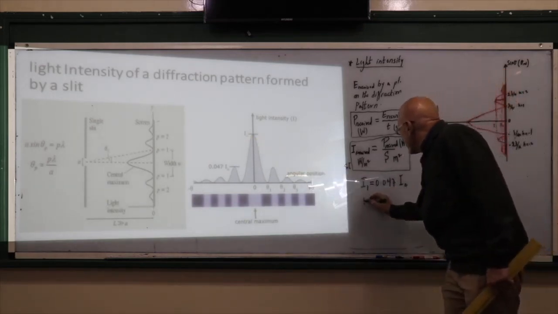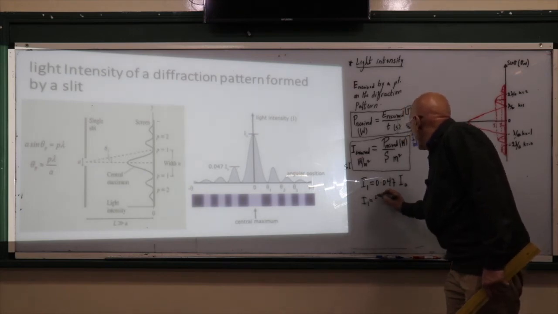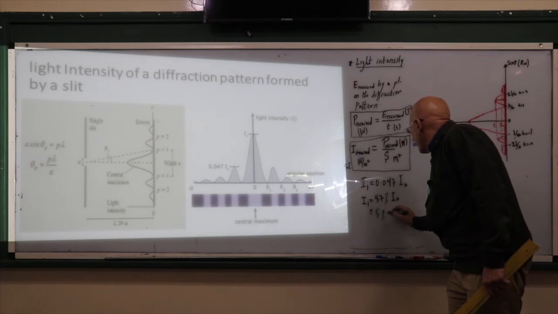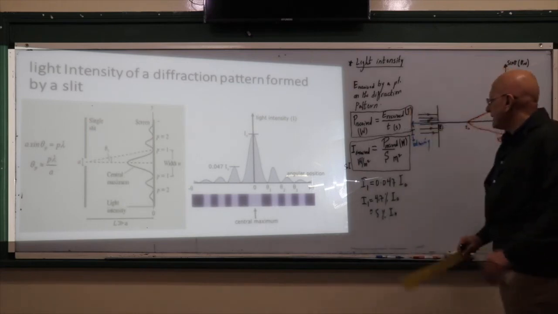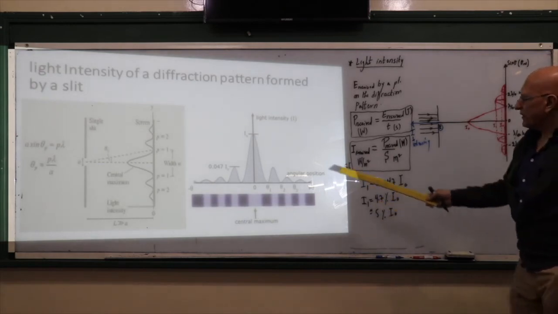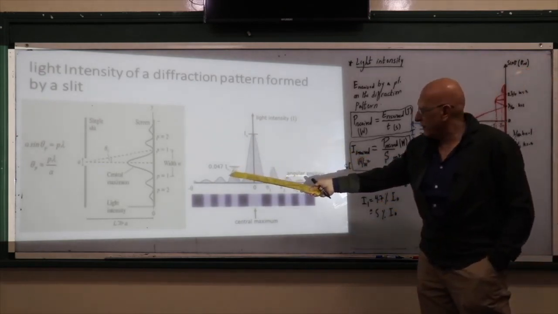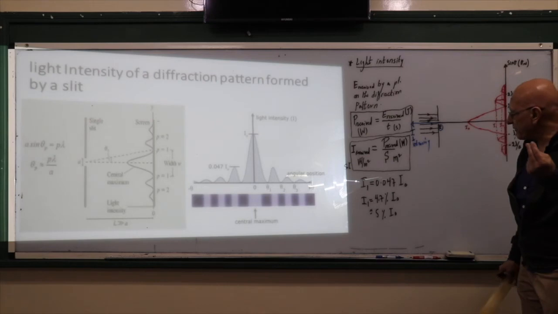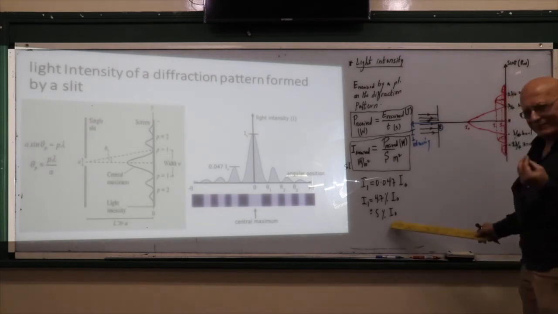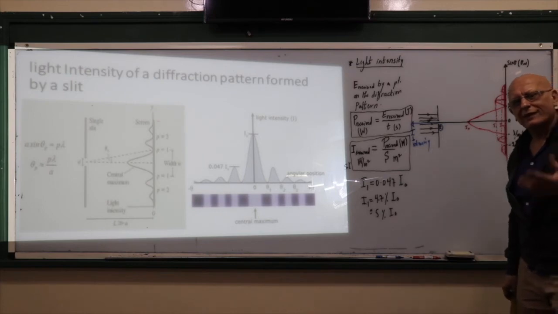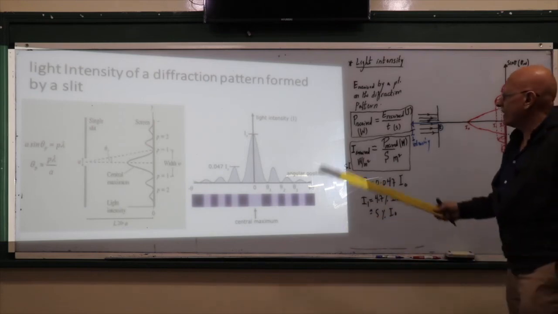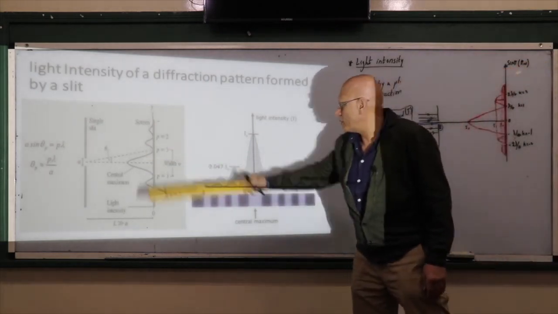So we can write I1 equals 4.7% of I node, or approximately 5% of I node. Notice here, the intensity at the center of the first bright fringe has decreased by 95% from I node. A lot of power has dissipated here, because of the distance from here to here.